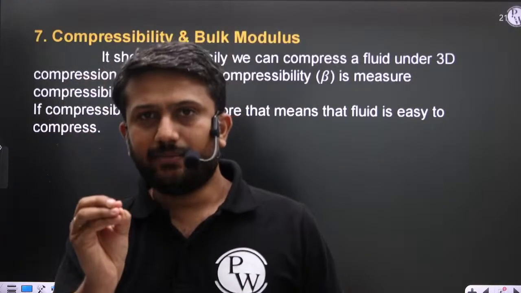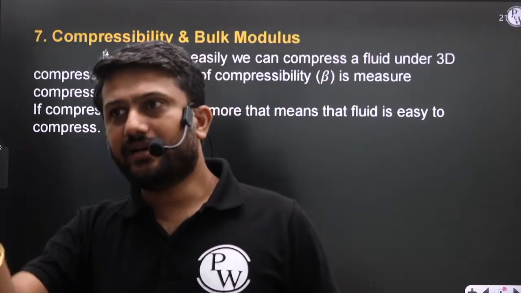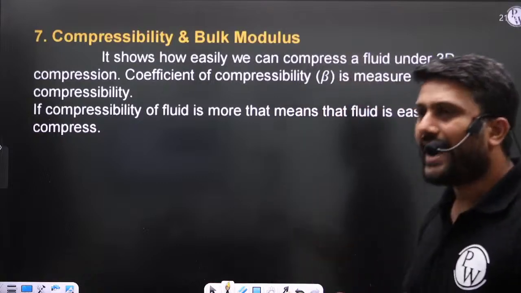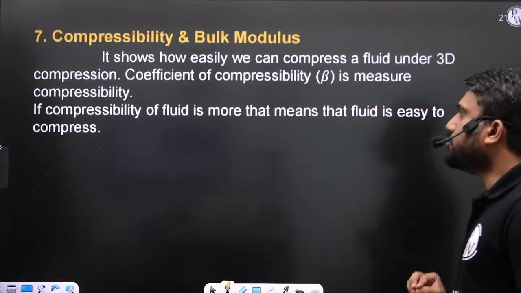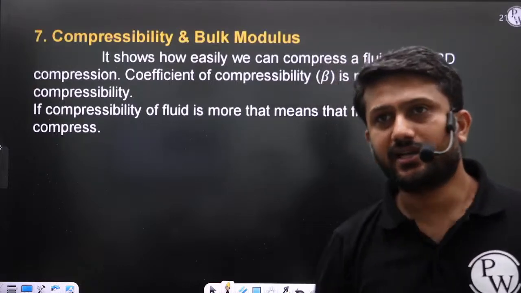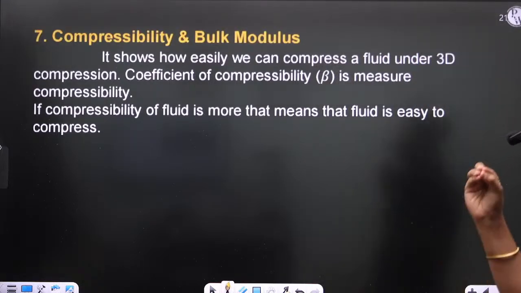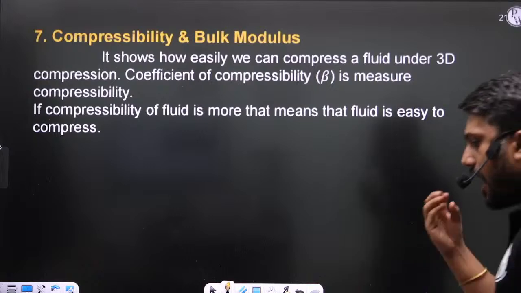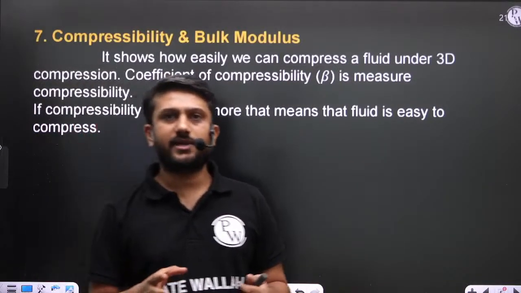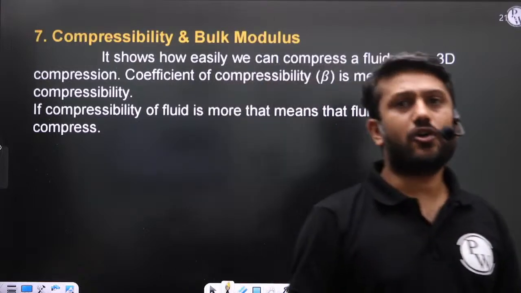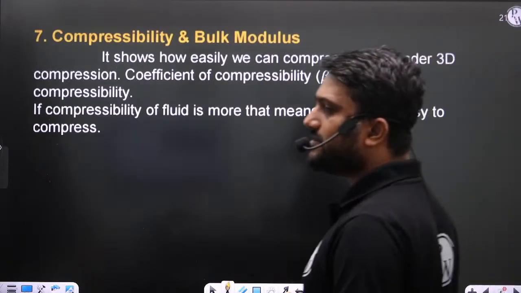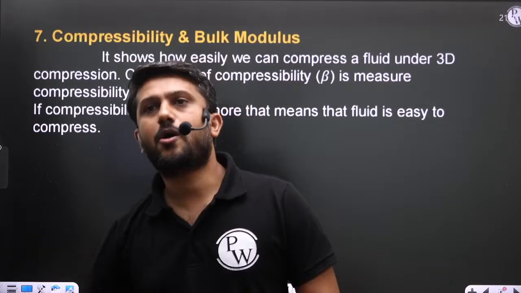So compressibility is defined in terms of the three-dimensional compression. What actually does it show? Compressibility shows how easily we can compress a fluid under three-dimensional load. And how can you measure the compressibility of any fluid? The coefficient of compressibility, denoted by beta, is the measure of compressibility.